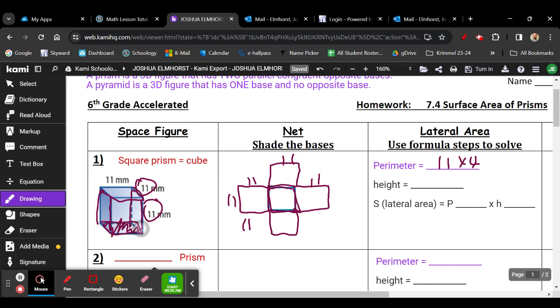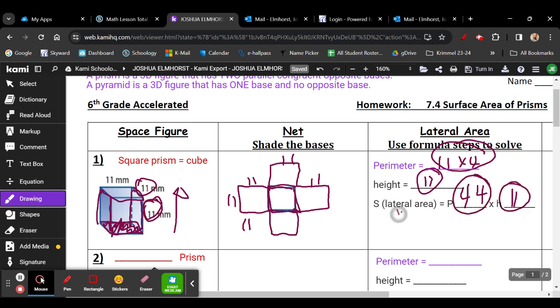We shade in the base shape here and how tall is the cube as we fill it up, and that is also 11. So how do we find the surface area or the lateral surface area? We're going to multiply to get the perimeter. So that's 44, and then the height is 11. So the lateral surface area is going to be perimeter times height.